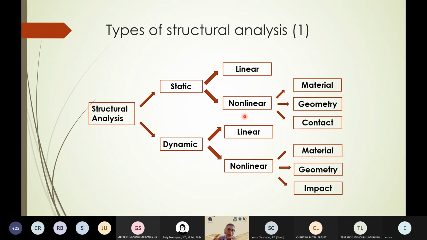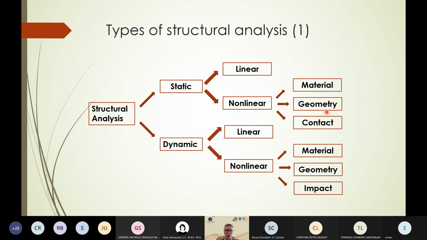Whenever we expect the deformation of the structure to be large enough, for example in grid shells, initially we have a flat geometry and then we apply some forces, maybe by cranes or scaffolding, and then we make the form of the grid shell. It needs geometric nonlinear analysis because it's large displacement, okay?